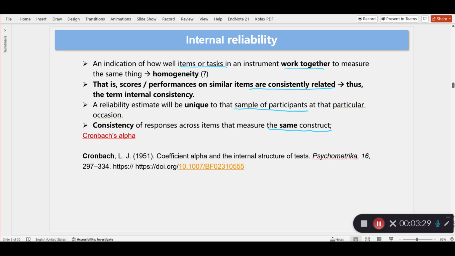So we will be able to claim that the reliability statistic that we have calculated is applicable to that specific construct that the test is measuring and no other constructs. In fact, this idea of unidimensionality, as I will say in a few minutes, is one of the assumptions of many of these internal reliability statistics.